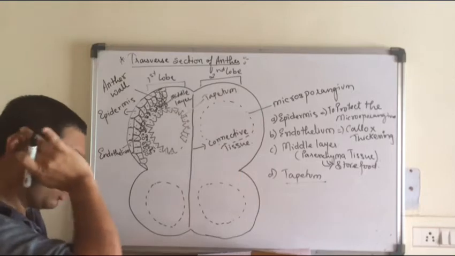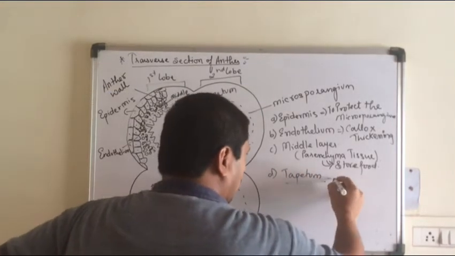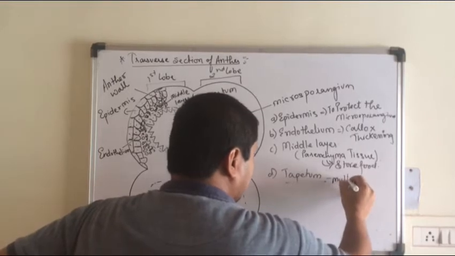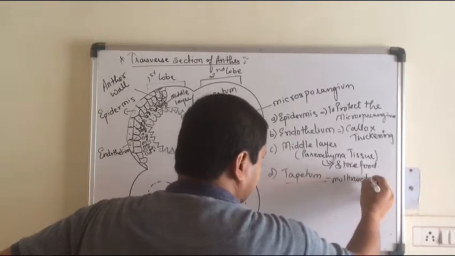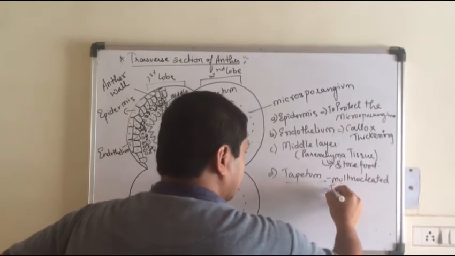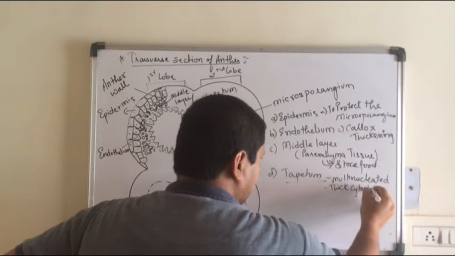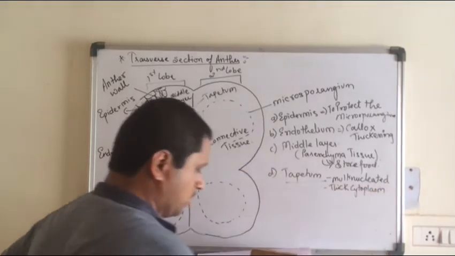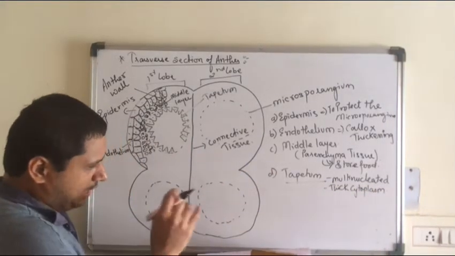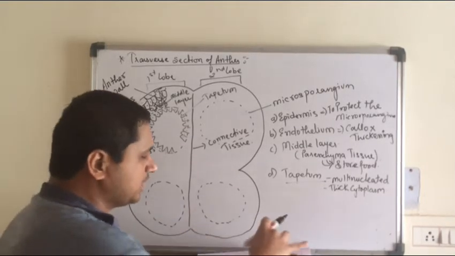Now, the characteristics of the tapetum: they are multinucleated and have thick cytoplasm. There are two types of tapetum. We'll study this later, children.